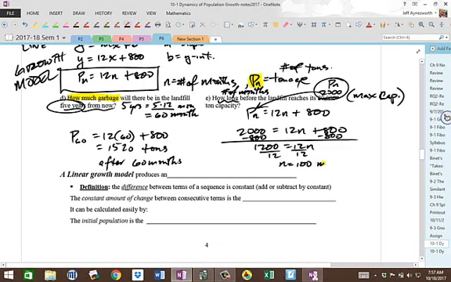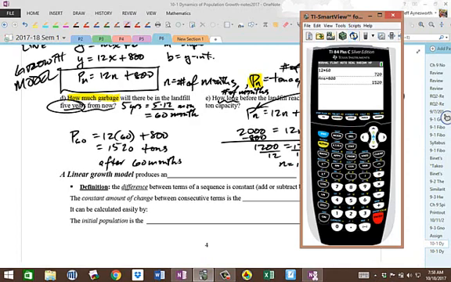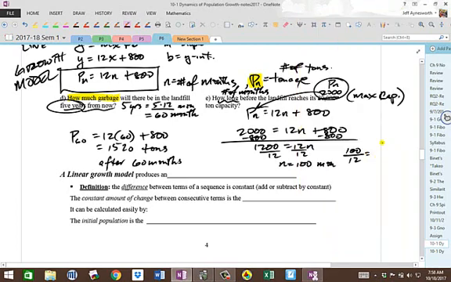And so from here, this is months, and we want to convert to years, right? So we've got to divide this by 12. So 100 divided by 12, because there's 12 months per year, is 8 1/3. So actually, let's do it this way. 8 times 12 is 96.